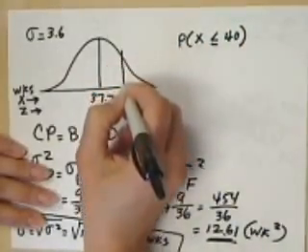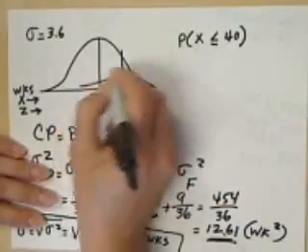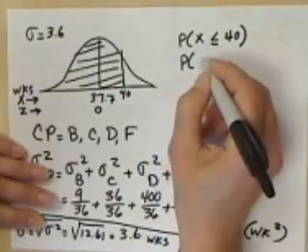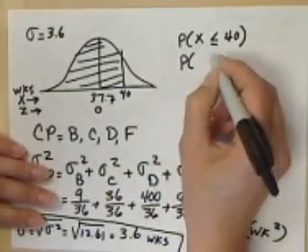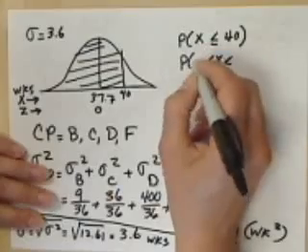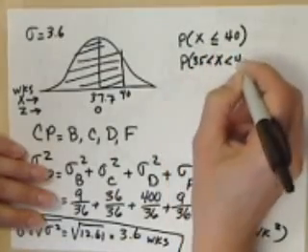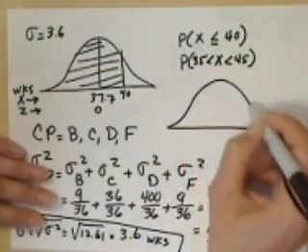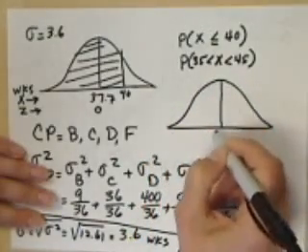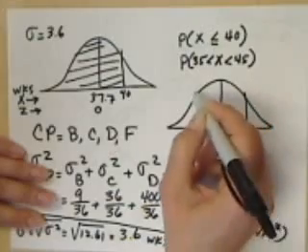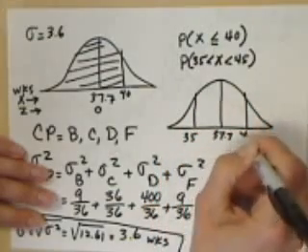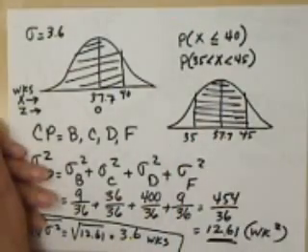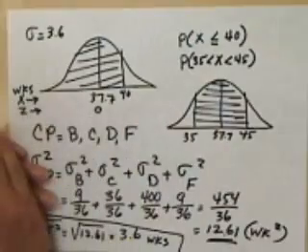That would be this area over here. Or we could say, what is the probability that project time will be anywhere between 35 to 45 weeks? And in that case, that would be this area over here. So we can use our normal curve knowledge to answer problems such as this.